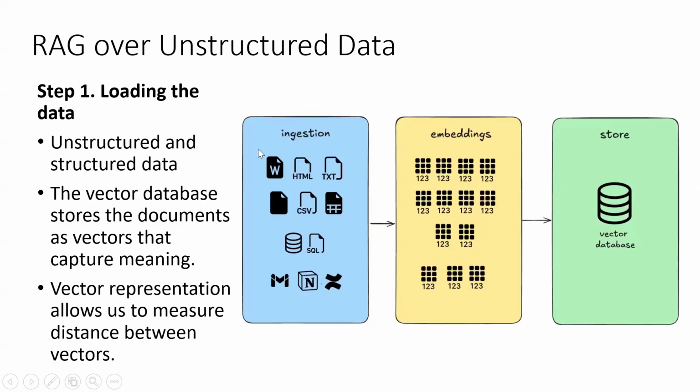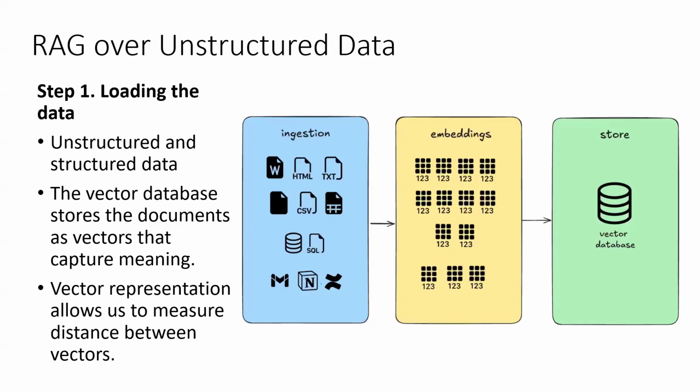So data is basically segregated into these three components: unstructured, semi-structured, and structured. But when we talk about RAG, although it can work on all these kinds of data, usually it means we are talking about unstructured data. This RAG concept is more handy and more fruitful for unstructured data.